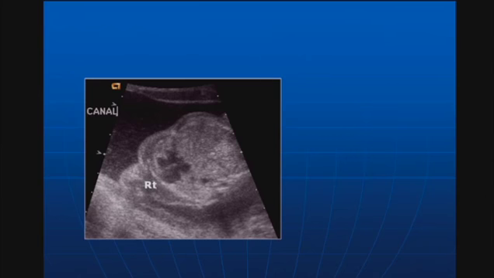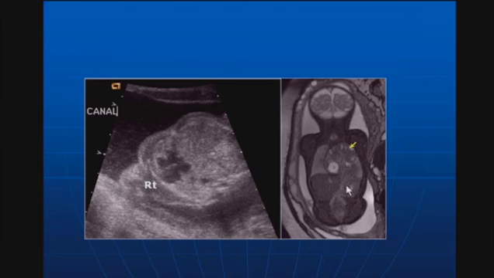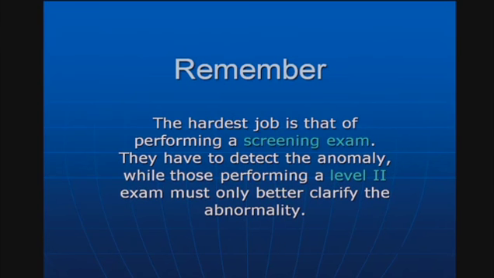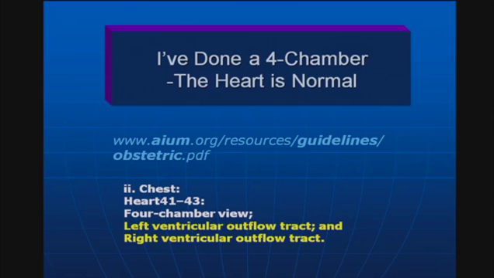Also, whenever you have any endocardial cushion defect, you have to look for other abnormalities, or if you have another abnormality, such as in this case, where you have a congenital diaphragmatic hernia, also look carefully at the heart, because if you see one abnormality, there is often another abnormality. So really the toughest job is for those who ever have to perform that screening exam. It's much easier for somebody like me who has to do a, quote, level 2, because already I know somebody has seen something and I'm going to take a second look at that.